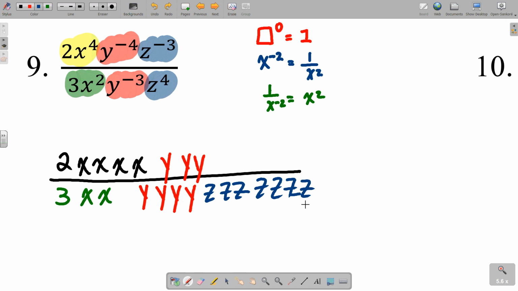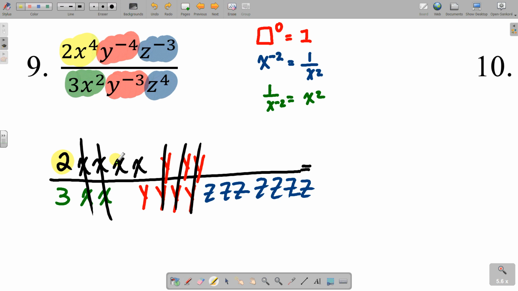All right, now you just clean it up. Do your canceling. So I can cancel two x's. Cancel 3 y's, and that's pretty much it. And then you just clean everything up.